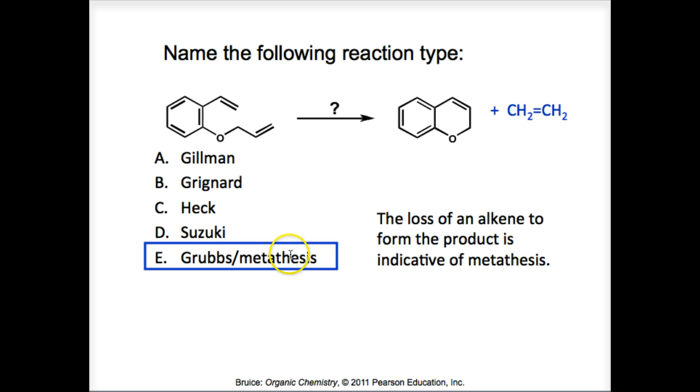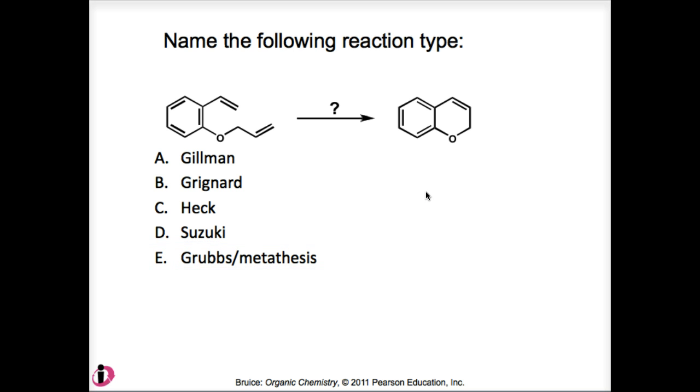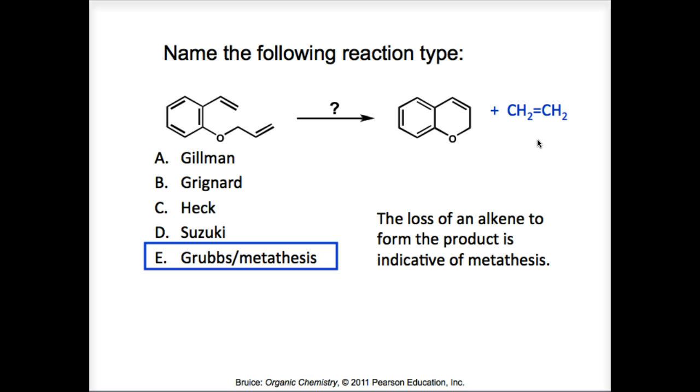Now you'll notice in this reaction, it didn't show the ethene product on the previous question. If it had shown the ethene product, it would be a complete giveaway as the Grubbs metathesis.